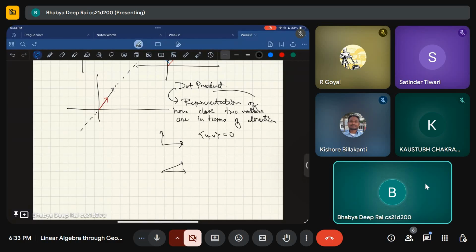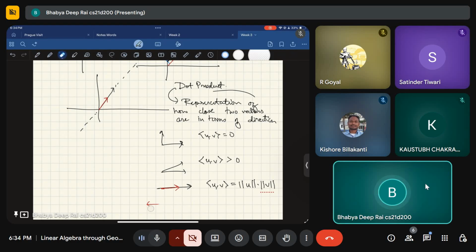If two vectors point in exactly the same direction, the dot product is the norm times the norm. If they are obtuse, it is not orthogonal, and the dot product is negative. Orthogonal simply means perpendicular.